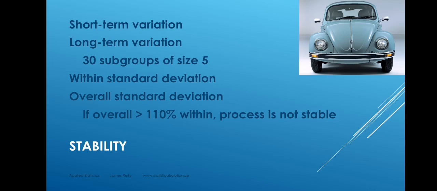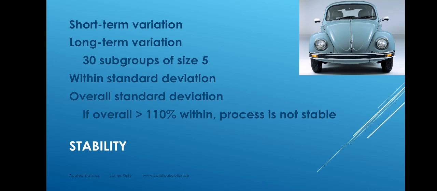So when we have a process, whether it's a manufacturing process or some other process, the way we measure the standard deviation is we take 30 subgroups of size 5. So from 30 different days or 30 different batches, we select a subgroup of 5. So these 5 units arise close together in time.